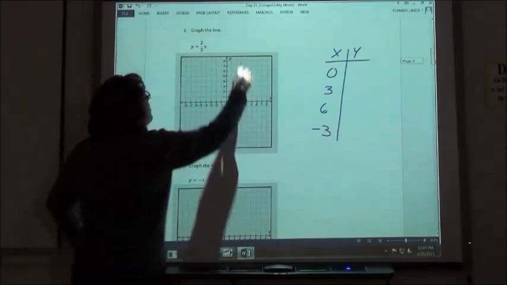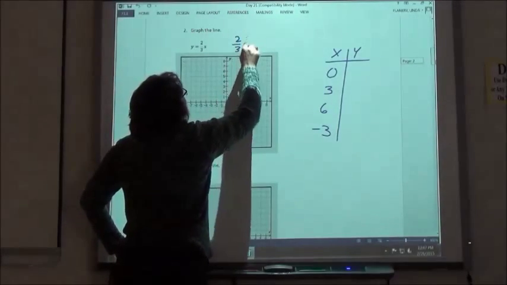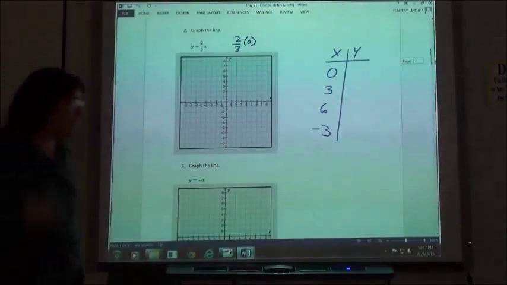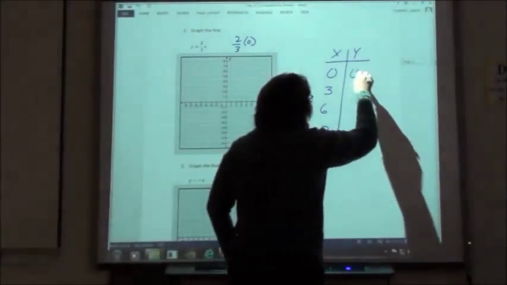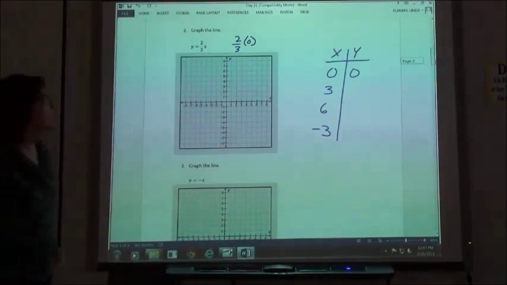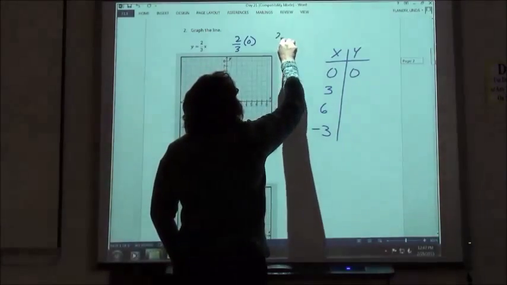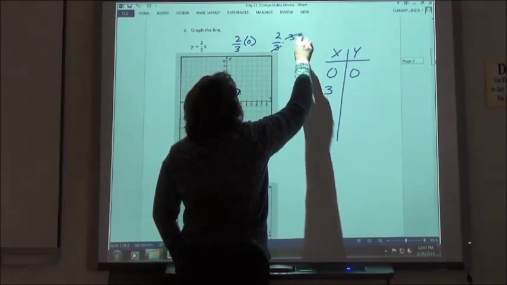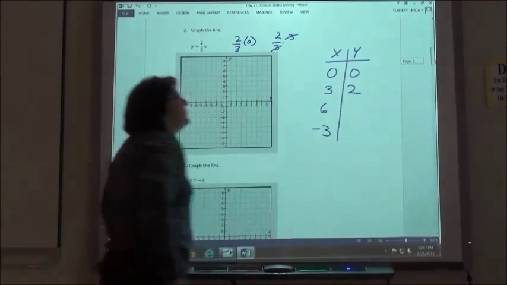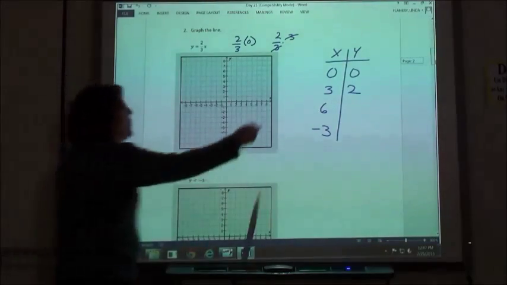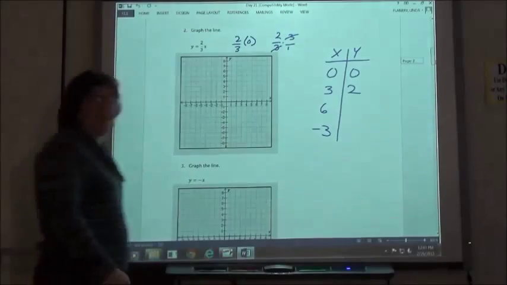So I'm going to start out and do 2/3 times 0. Well, we know anything times 0 is going to give me 0, right? Then I'm going to do 2/3 times 3. 2/3 times 3, well, the 3's will cancel out, so I'm just going to get 2, right? This is 3 over 1. Okay.